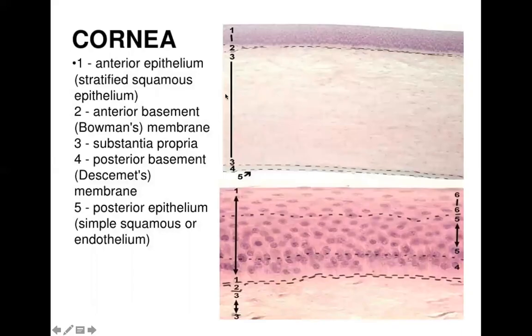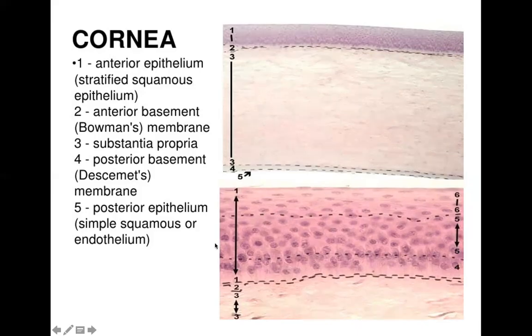Now, this is another way of looking at the histologic structure of your cornea. So you have here the thickest, which is your stroma, also termed your substantia propria. Then you have here your posterior basement membrane, or the Descemet's membrane. Then your Bowman's membrane here is also called your anterior basement membrane.